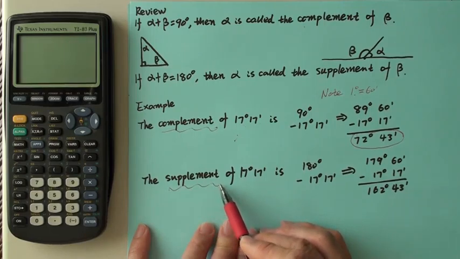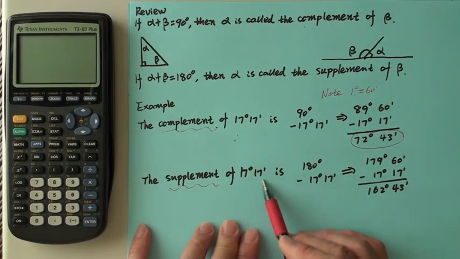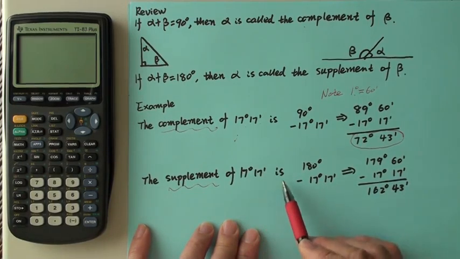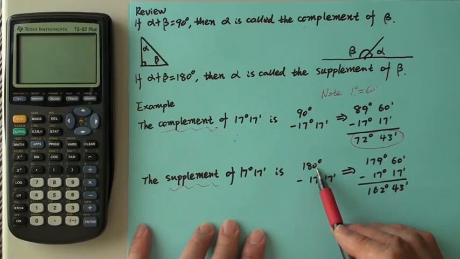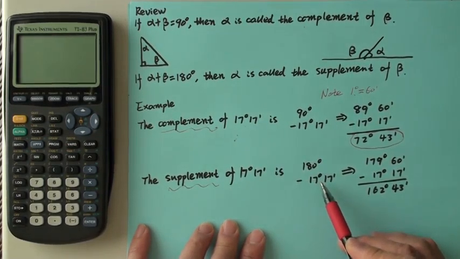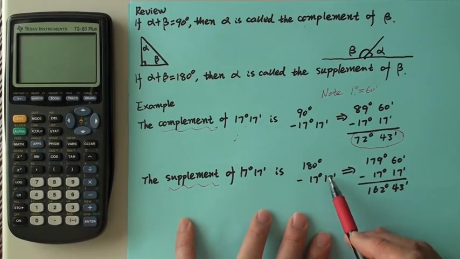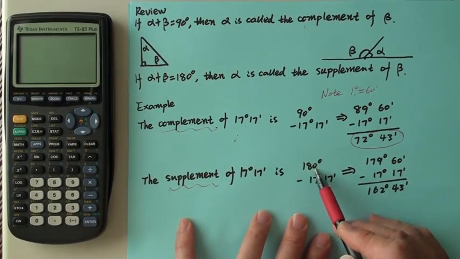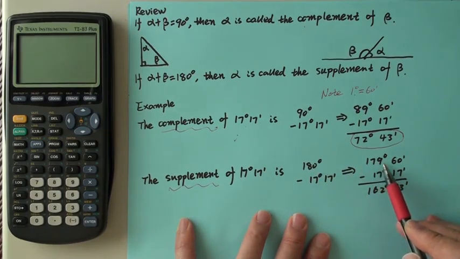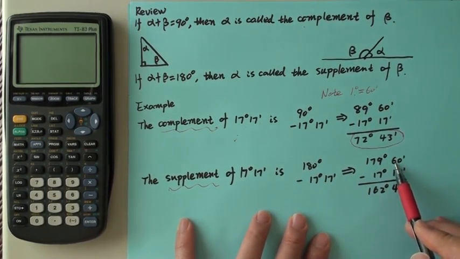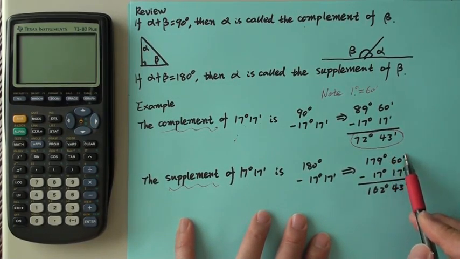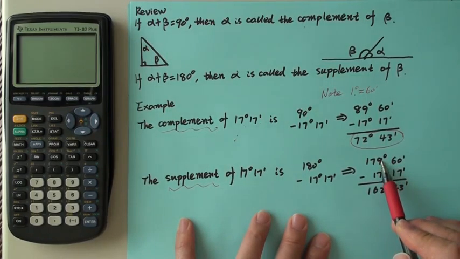Now, for the supplement of the angle with measure 17 degrees, 17 minutes, we use 180 degrees minus 17 degrees, 17 minutes. Again, we can divide 180 degrees into 179 degrees and 60 minutes, because 60 minutes is 1 degree, and together that is 180.